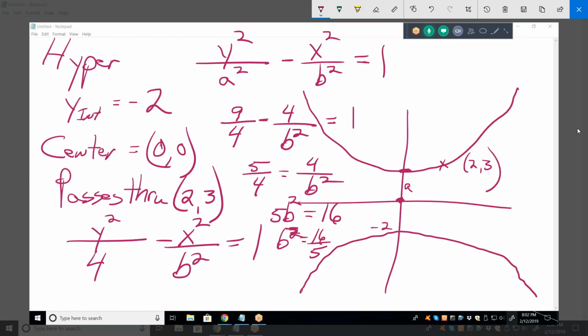But to write the equation, we really need b squared, so that's all I have to do: make that 16/5, which is b squared. That's the same as putting the 5 up there and leaving the 16 in the denominator.